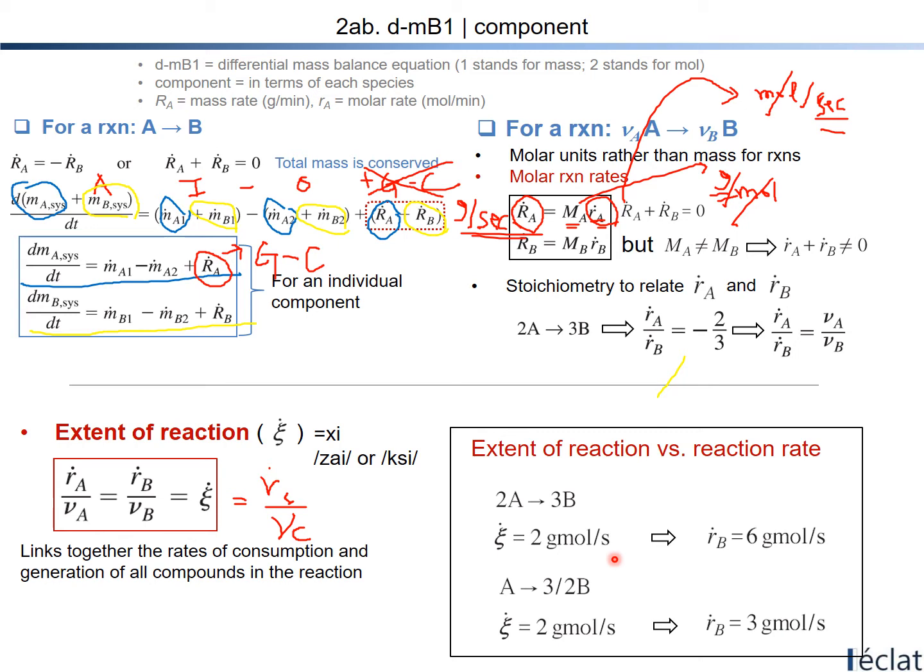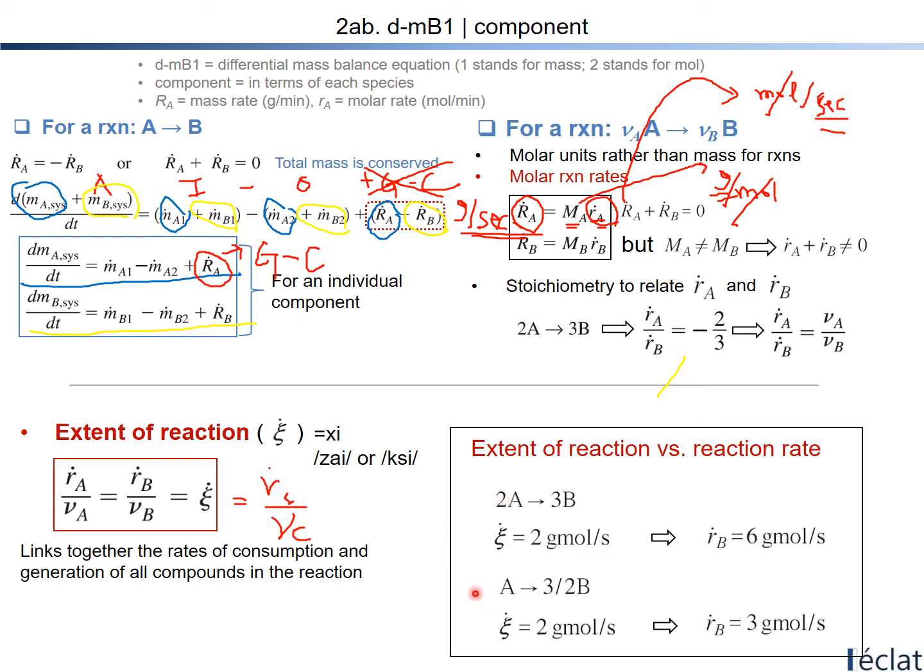My question is, what is the value of the molar reaction rate of component B, or r dot B? The answer is 2 times 3, which gives 6 gram mole per second. How about r dot A? 2 times 2 gives 4 gram mole per second.